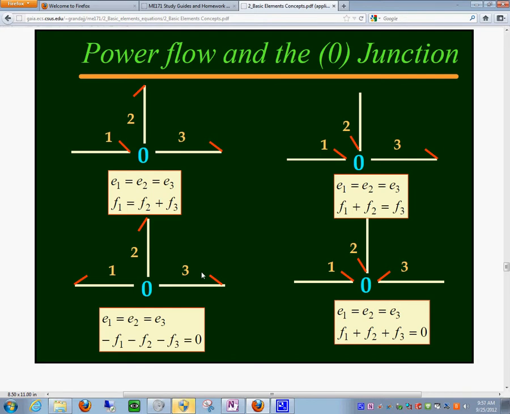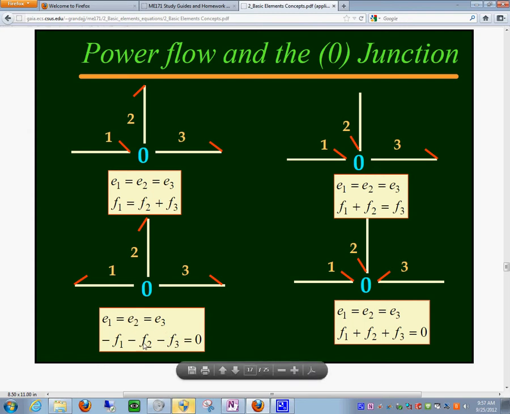I put that deliberately because I wanted to show you that if you apply the principle that the flows add up to 0, then it doesn't matter if all three go out. They need to add up to 0.